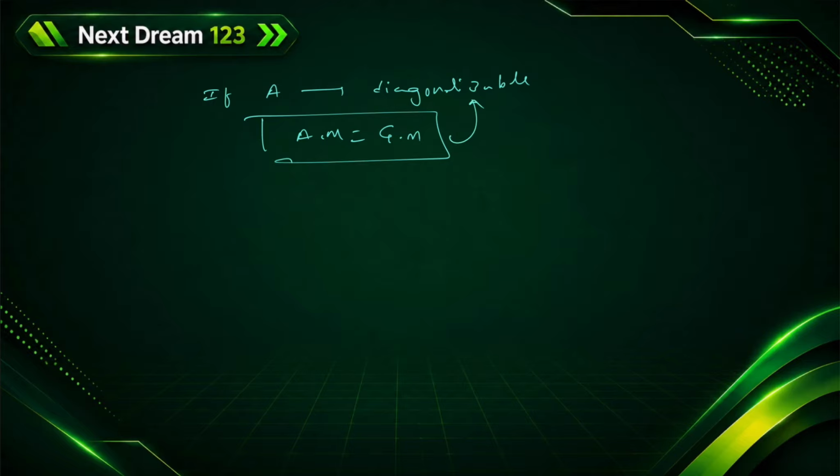It's not necessary that if AM equals GM it is diagonalizable, but you should remember this is the condition we have to check.